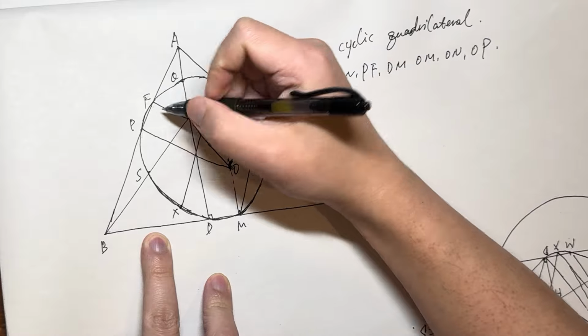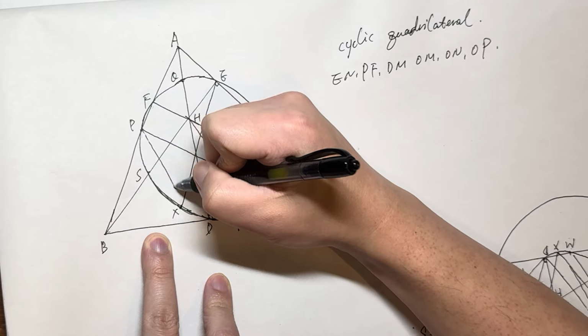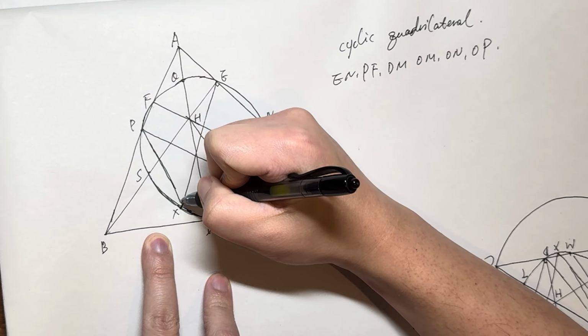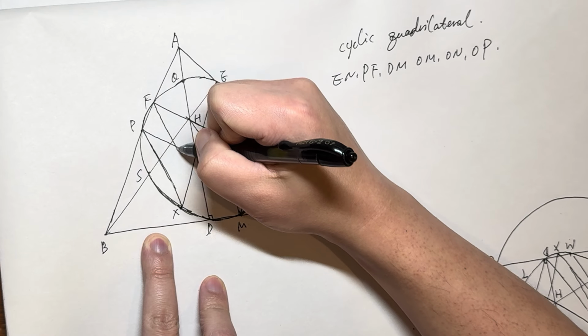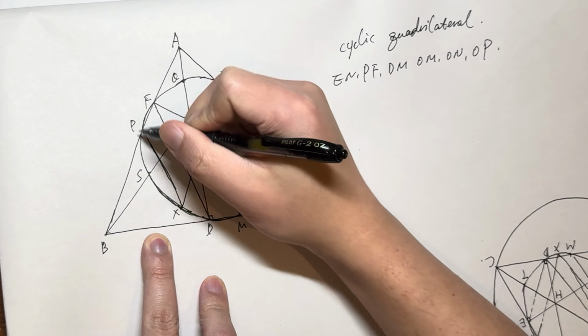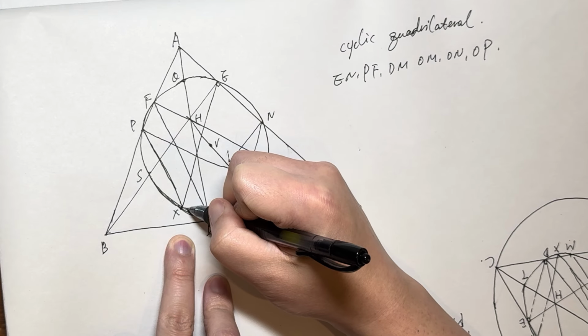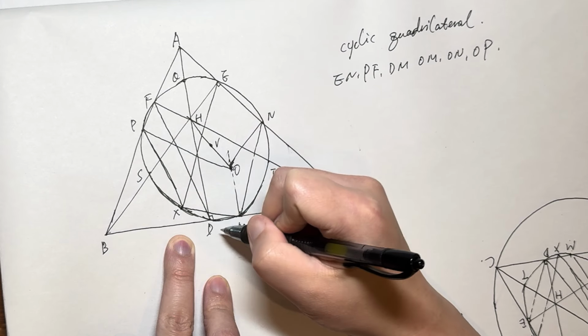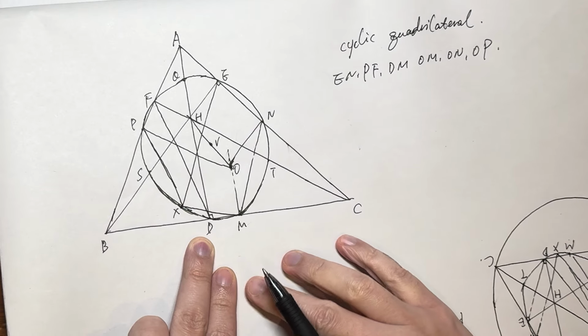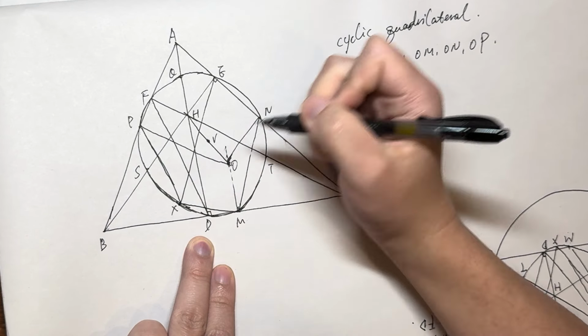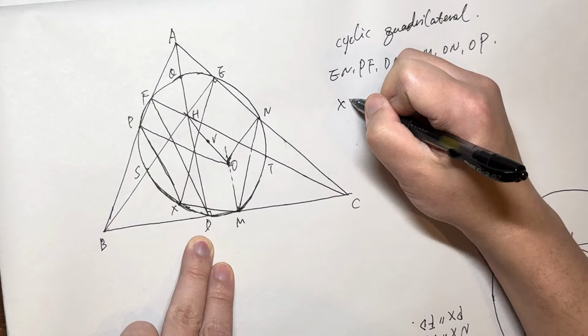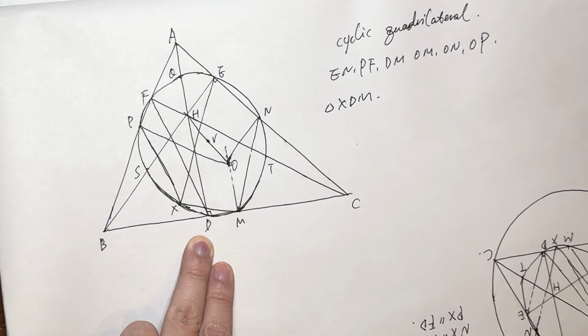We know that. Let me draw it here. We know that FD is parallel to PX. The triangle XDM is our three-chord triangle. So we know XDM, that's our three-chord triangle.